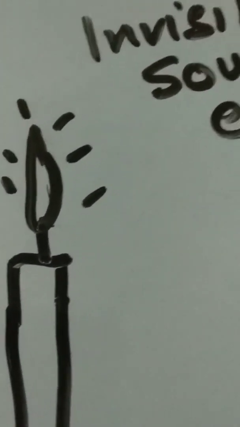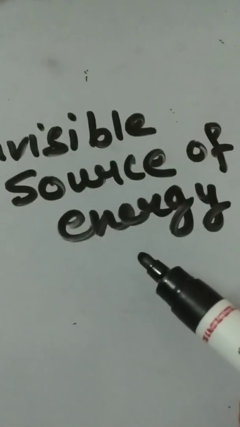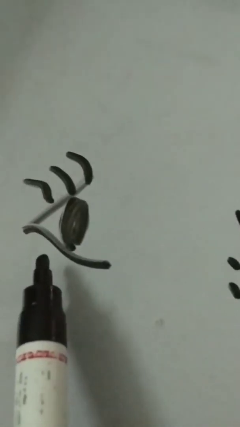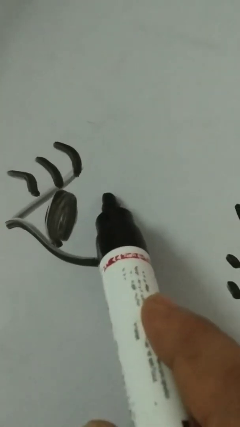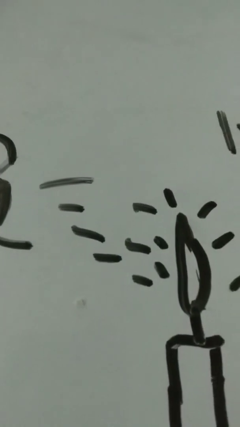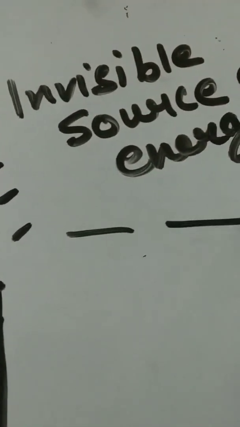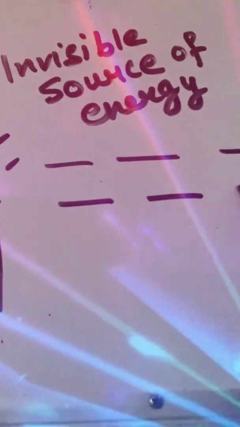We know light is an invisible source of energy that creates sensation of vision. Light from a source travels in a straight line.